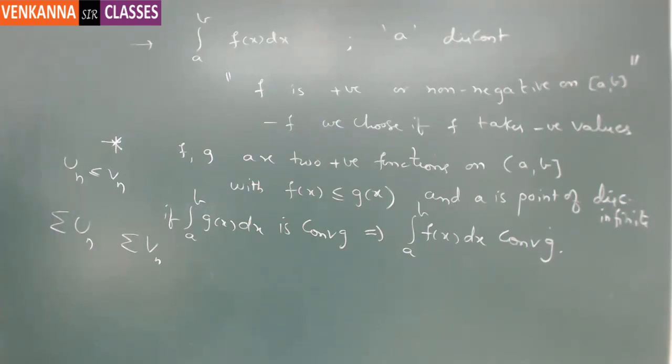So here, a is the point of discontinuity we take for f, and you can say for g also. While doing the problems, we come across that.